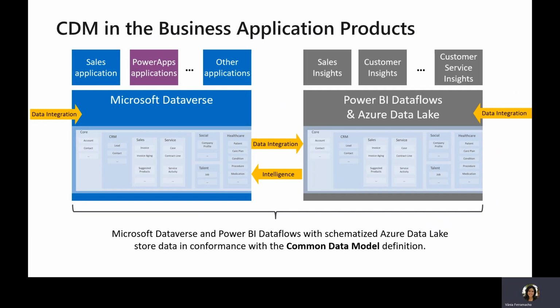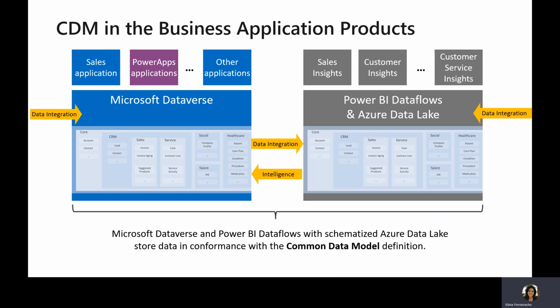So here on the CDM, the Common Data Model is a standard schema taxonomy around our data, right? So we have this in our apps like Sales App, Power Apps, and so many others that we have available. So having a common data model is essential, so all applications can share the same context, and this is also used outside Dynamics.